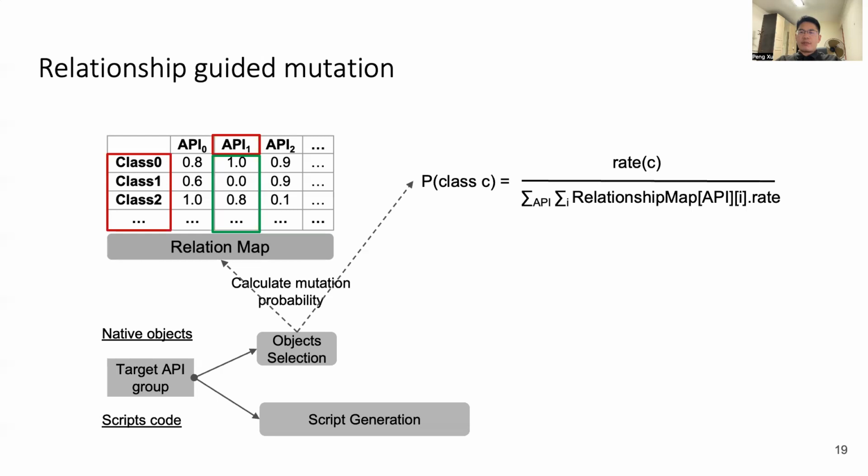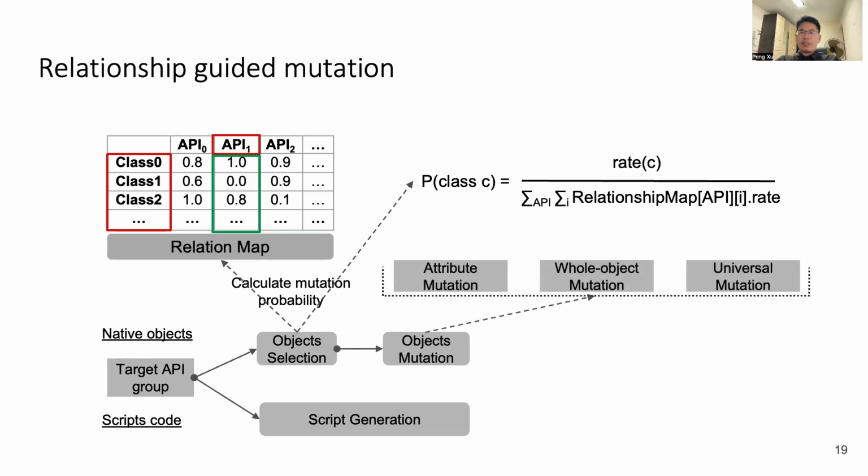Then we select some objects with mutation probability and mutate selected objects in 3 mutation strategies. Finally, we synthesize the mutated sample and script code together and produce a final input. So that's the workflow of our solution.